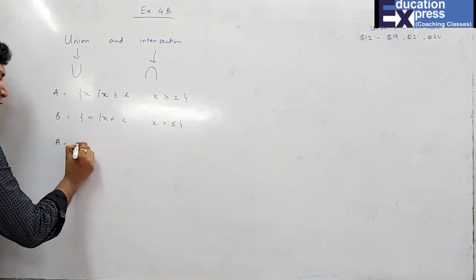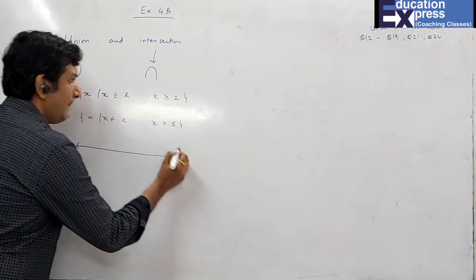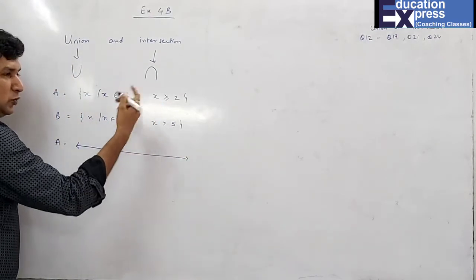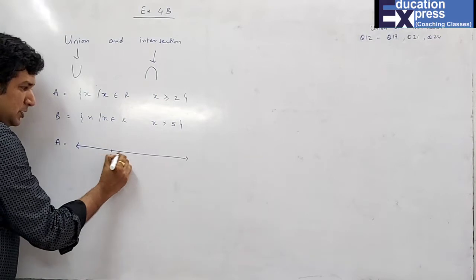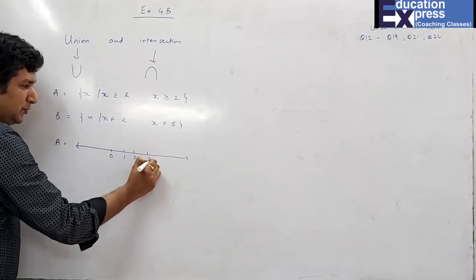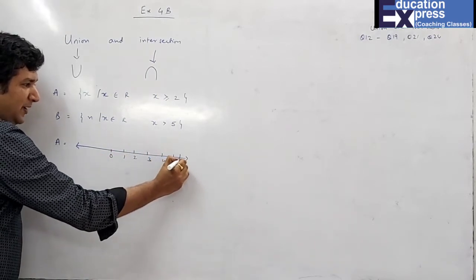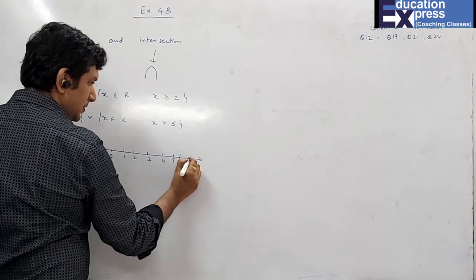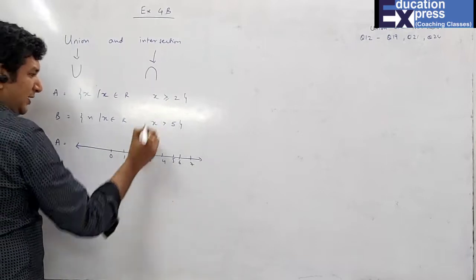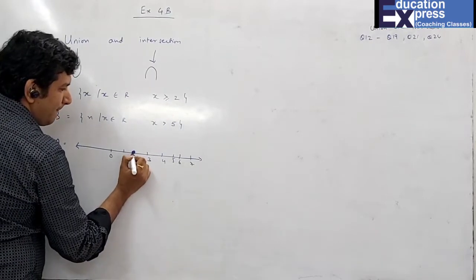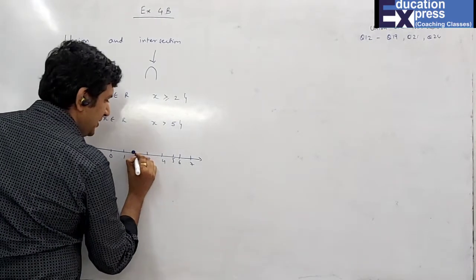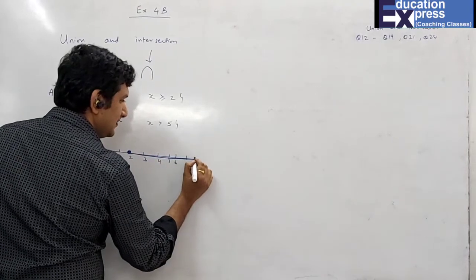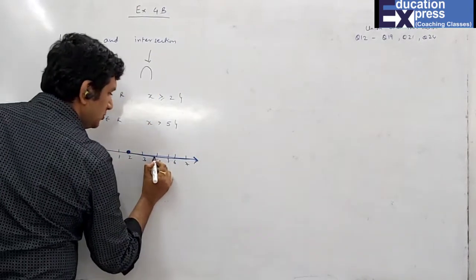So first I'll draw a number line for A. X is more than or equal to 2. So 0, 1, 2, 3, 4, 5, 6, 7. So starting with 2 and then infinite throughout the right hand side.